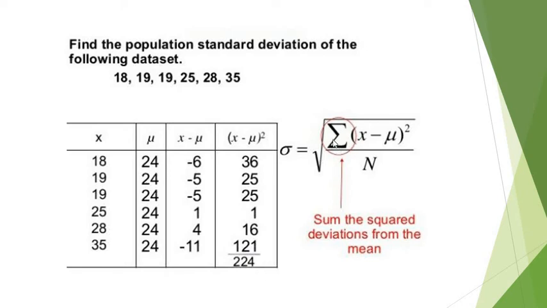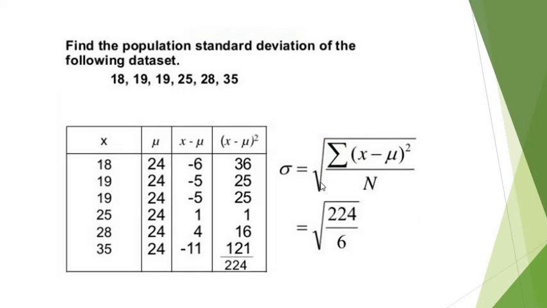So we have done what we should for the numerator. What goes on top here should be 224. What goes in the denominator? If you said 6, you're correct, because we have 6 values in the data set. And so we write the square root symbol, replace the top, because we have carried out the rule step by step.